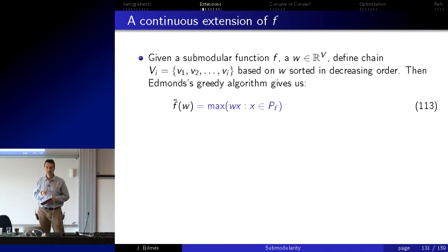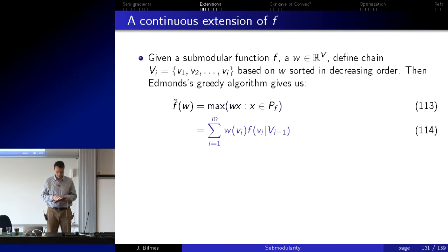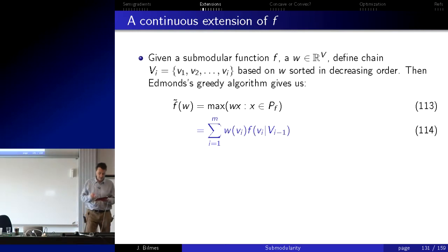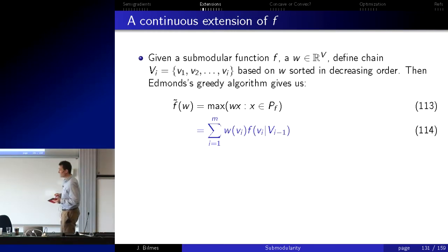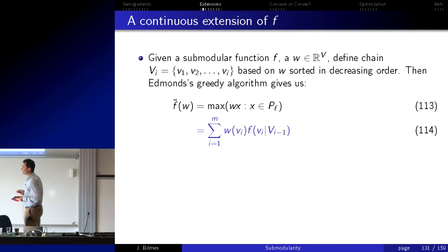So now we're turning the linear programming problem into an evaluation, a function of w, which is the vector. And since it's solvable by the greedy algorithm, we have an expression for this function. It's the sum of the weighted conditional function evaluations, but we have to make sure that we've ordered the elements in decreasing order according to w.